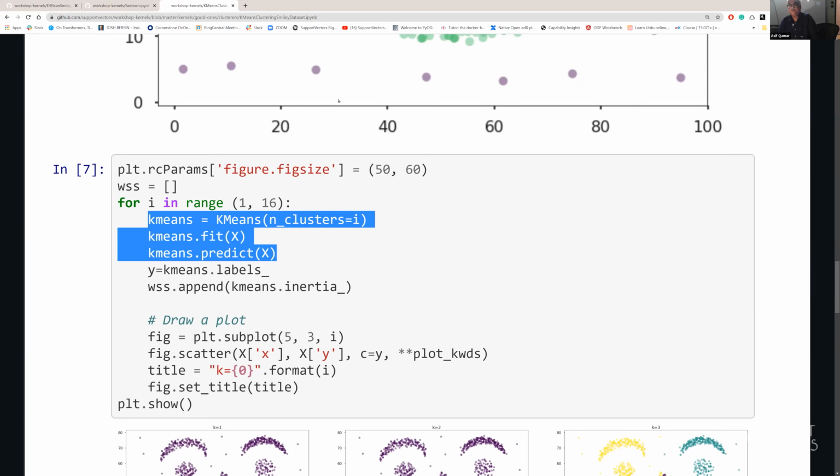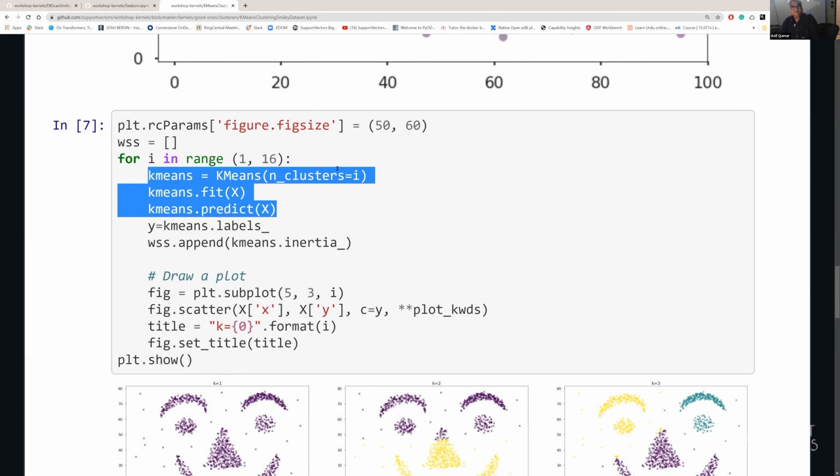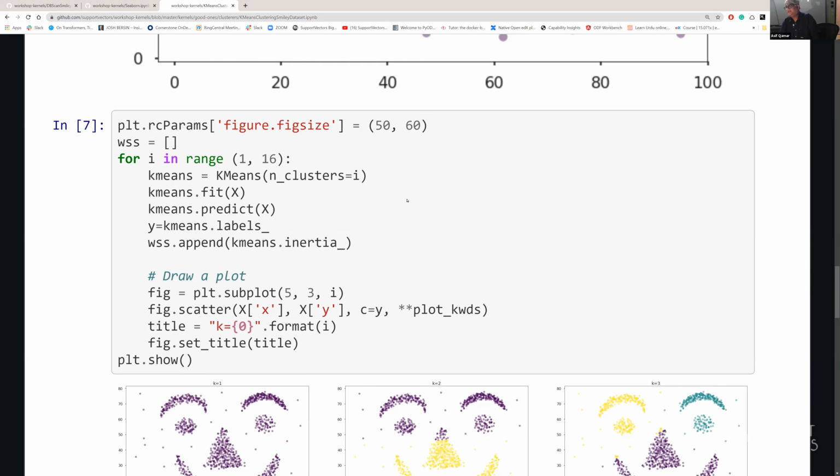So why is it using the word predict? It's an abusive term. It should be more like assign each point in the data to a label, to a cluster. But since people are used to fit and predict from regression and classification, I suppose that's why the creators of the scikit-learn library chose to keep the word predict. But remember, clustering is not a prediction algorithm. Right?